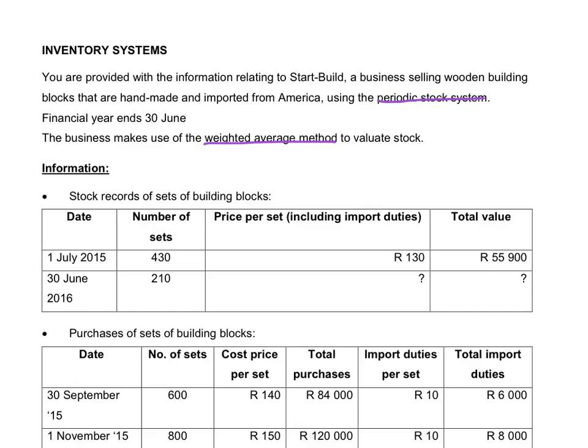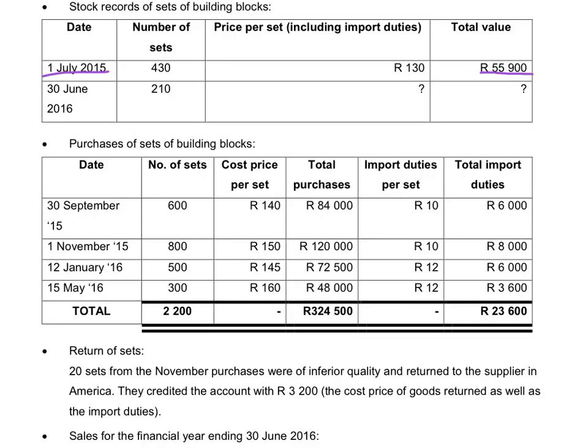Okay, they tell us that on the 1st of July 2015, the value of our opening stock is 55,900. Then we bought stock and paid 324,500, and we paid import duties 23,600.